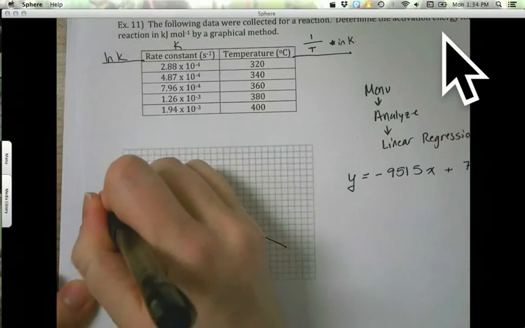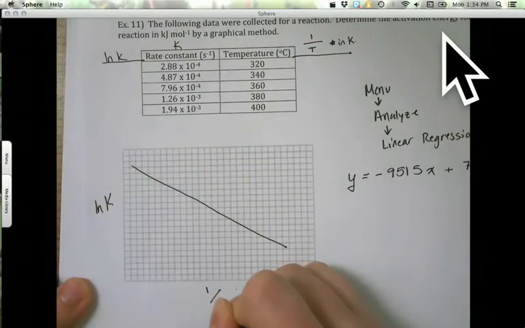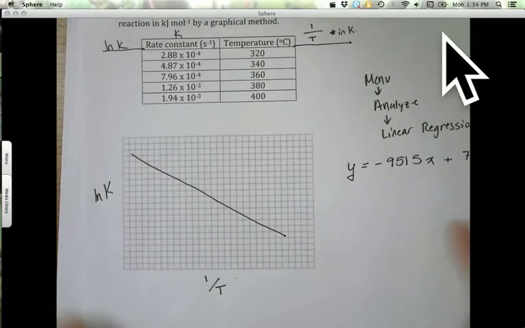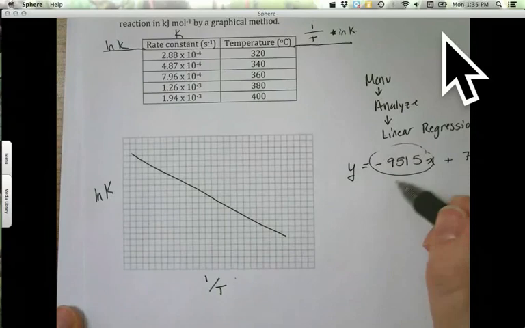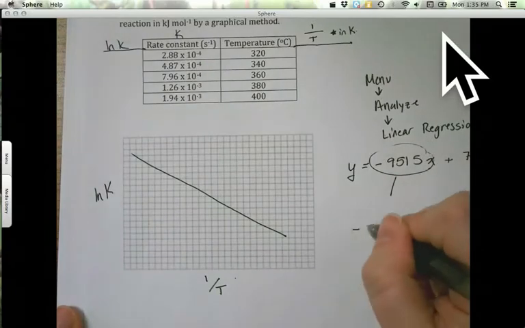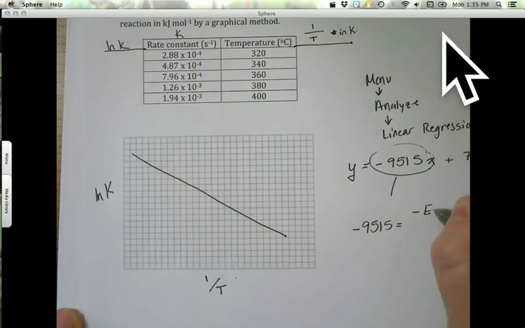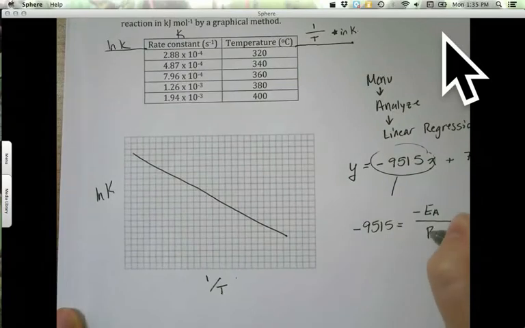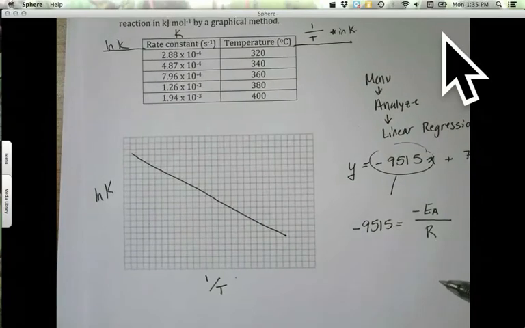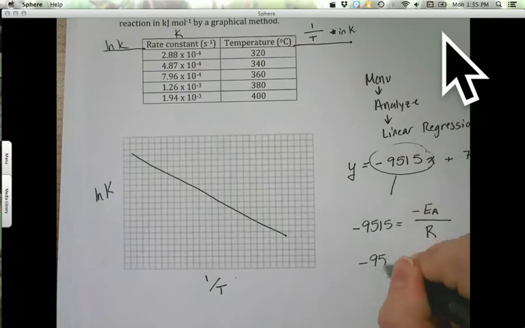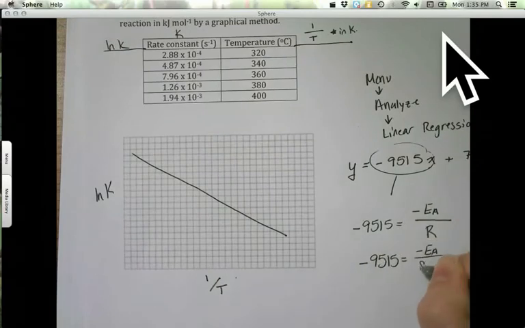Again, this is natural log of k over 1 over T. Well, what I'm concerned with is this slope. Negative 9515 equals my activation energy over R, which is a gas constant. R is 8.31, so negative 9515 equals negative Ea over 8.31.